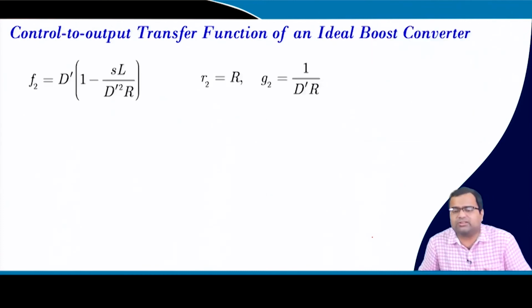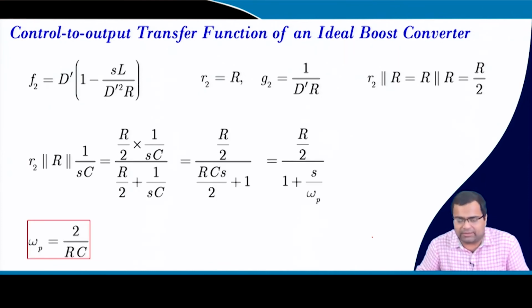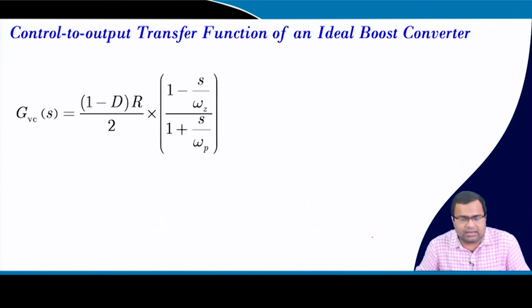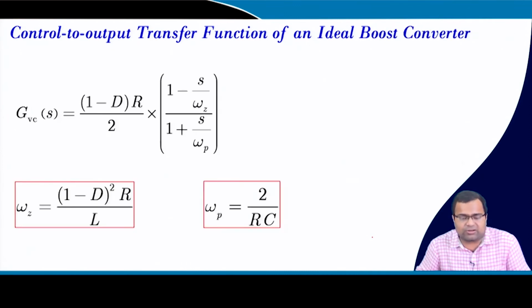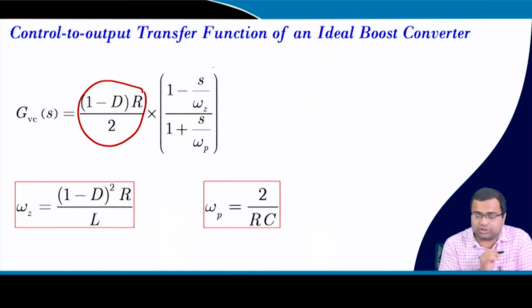Now the control to output transfer function of the ideal boost converter: if you take the canonical model and derive it, you will get a constant term and one pole. The pole is 2 by RC.